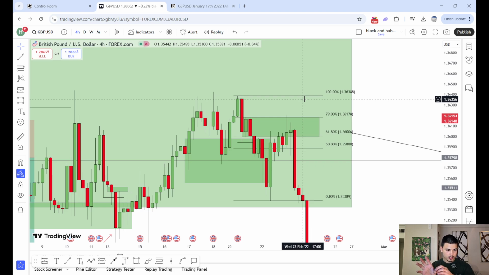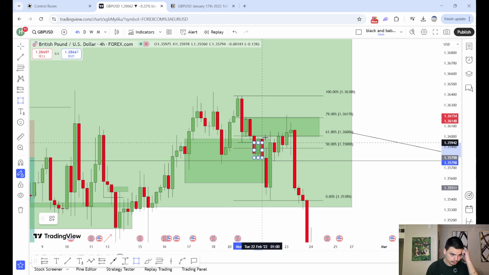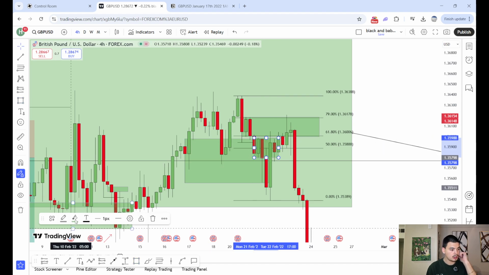And that's where you could take entry opportunity. We also have this up close candle here, right? Let's color these red.